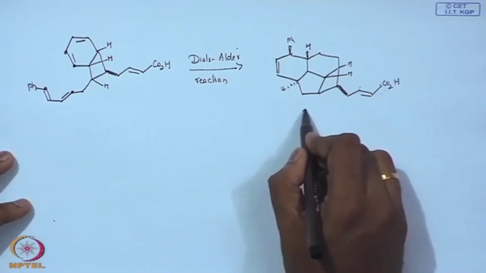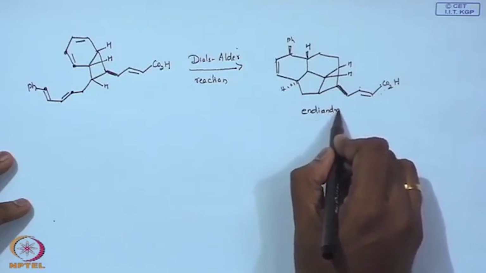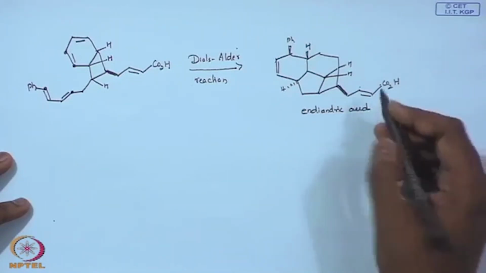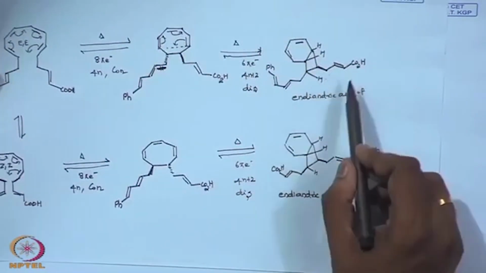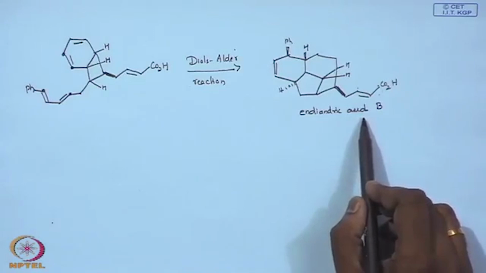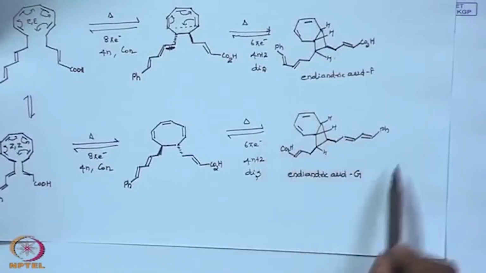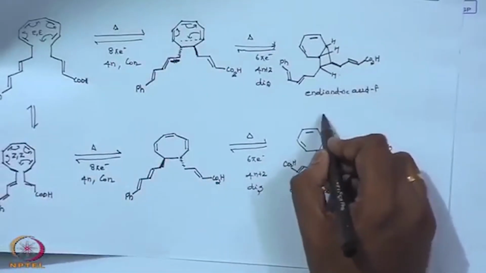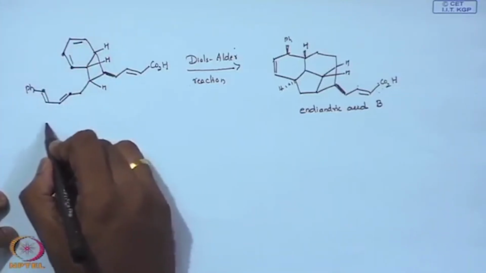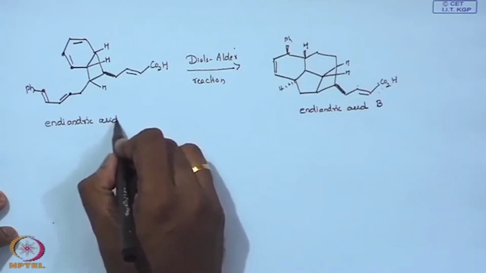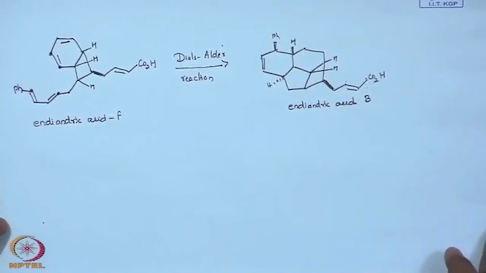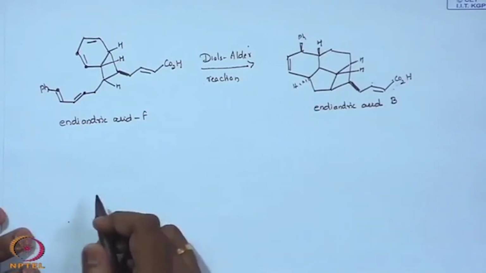So, this is endiandric acid B, fine. So, you have taken endiandric F, and then you did the Diels-Alder on this, you got endiandric acid B. Same way now we have to do for G, the other diastereomer. First, this is F. Okay. Now we will do for G.